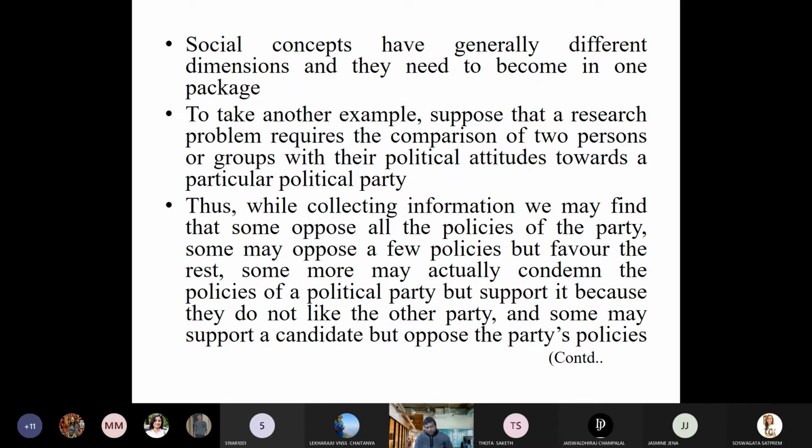So generally, whenever elections take place, we find that sometimes we oppose a political party. If you look into the survey of our general election in the country, held last year, in most of the cases in the different surveys we found that people were highly dissatisfied with the local candidates who contested as MPs. People were also not happy with the performance of the local MP, but they voted.